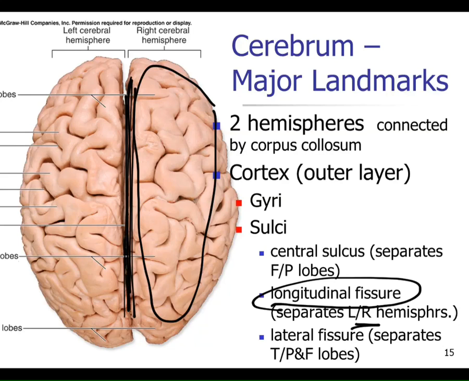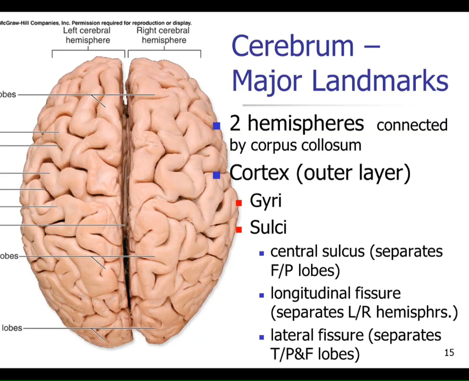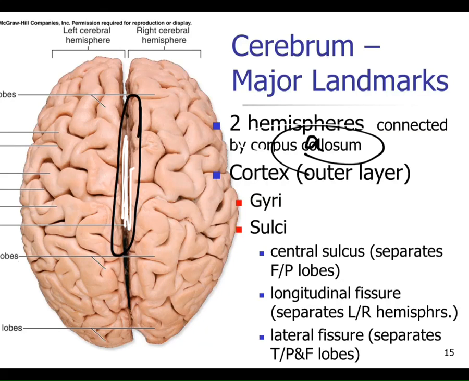What we can't see, if I went deep down, way down in that longitudinal fissure, there would be, and I'm going to make it white just to make it white, but down in here, there would be a band of white matter that connects the left to the right hemisphere, and that would be the corpus callosum. And I think that is a typo, and I apologize, that should be an A in callosum. So that's the corpus callosum, and that would be what connects the two hemispheres.